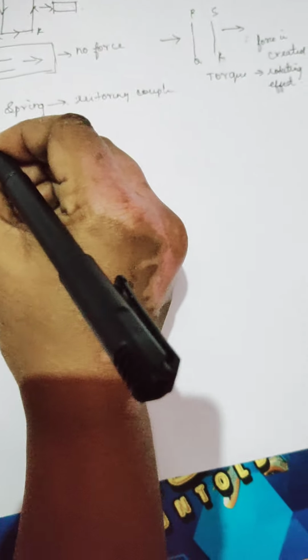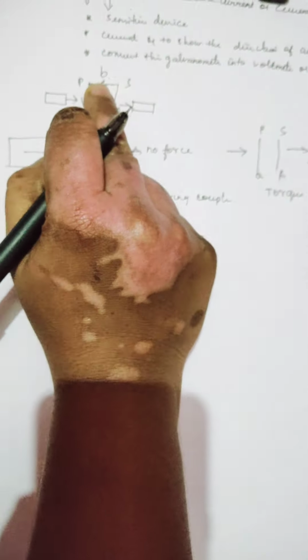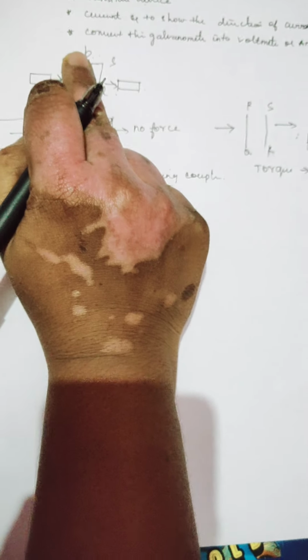So for this rectangle coil, the torque is equal to BF. I'm taking this distance as length L and this distance as breadth b. This is PQRS. The magnetic field is perpendicular to these sides of the rectangle.